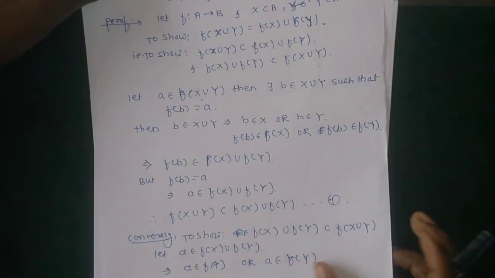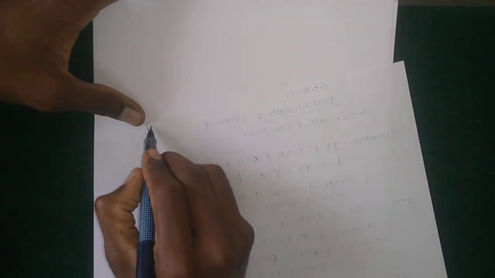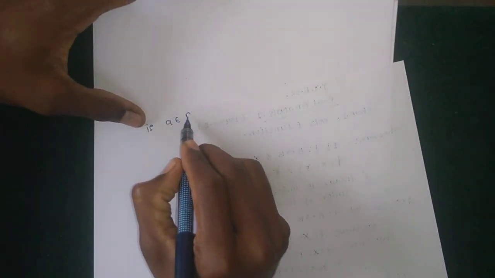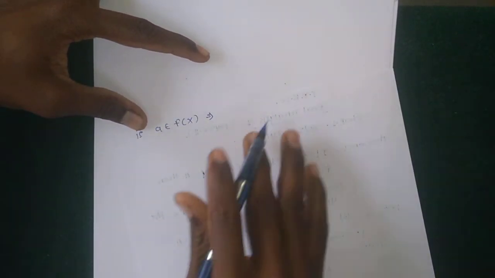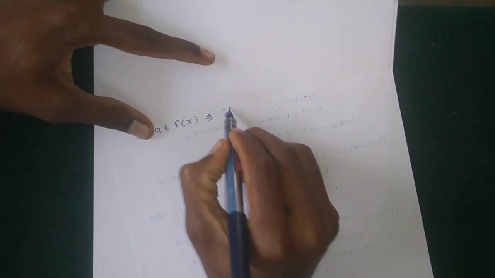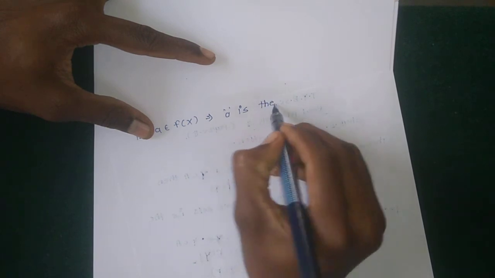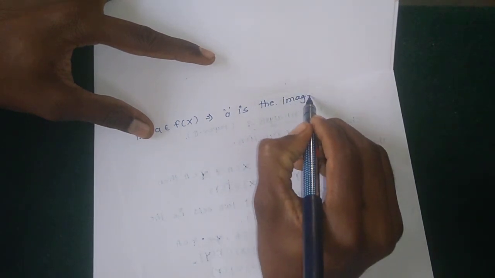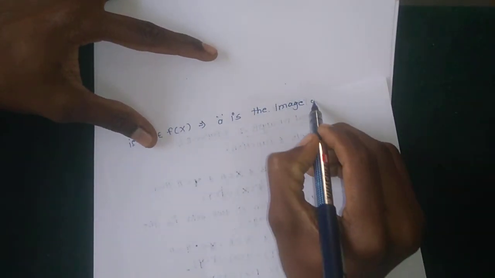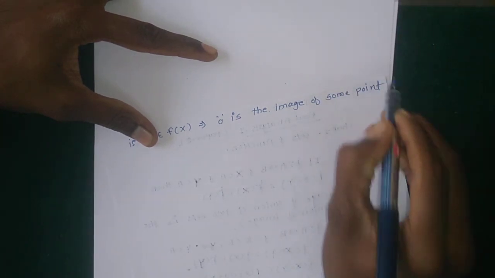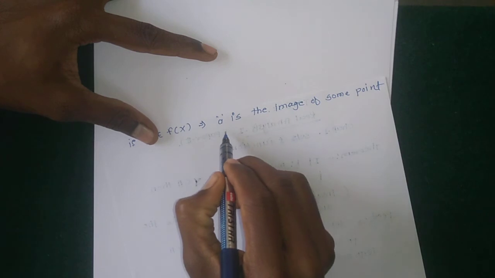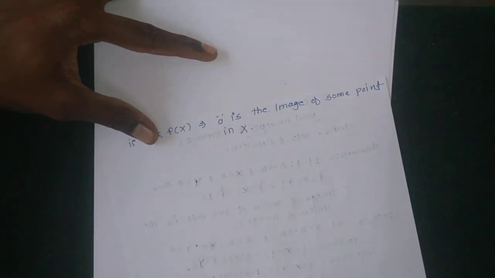Now a belongs to f of x, which implies that a is the image of some point in x.